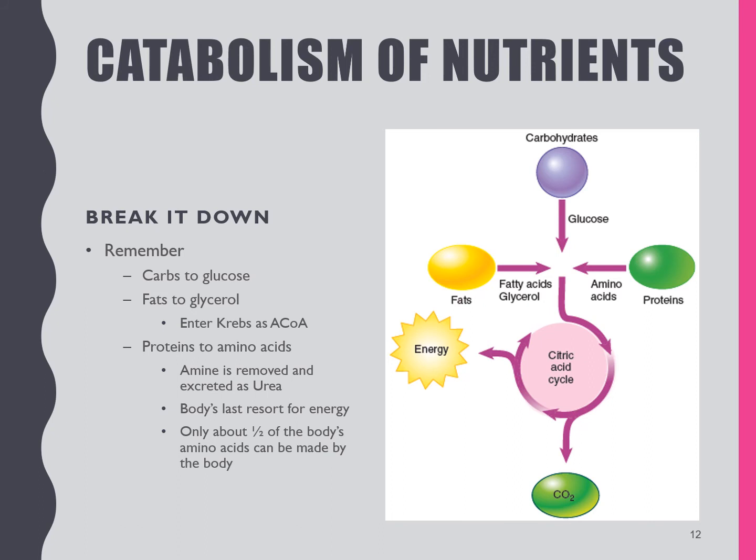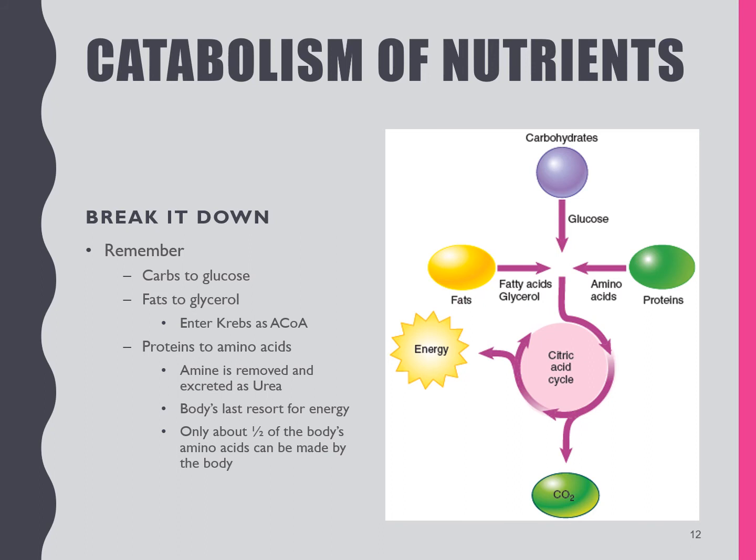They're going to skip that part that happens in the cytoplasm, and they're going to enter right into the Krebs cycle in the mitochondria as a product there. And then proteins are catabolized to their most basic components. Remember, amino acids are the most basic components, the building blocks, of proteins. And so the catabolism of proteins renders them back to amino acids. And that amine group is removed and excreted as a waste product in the urine called urea.